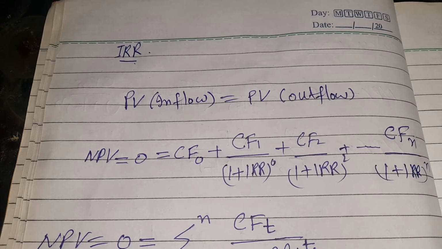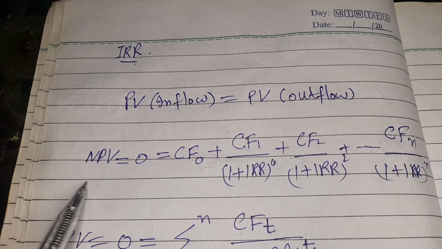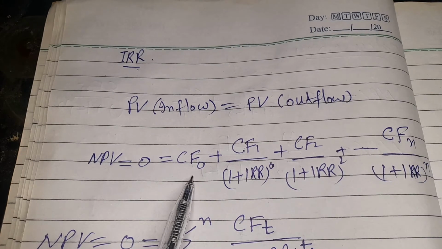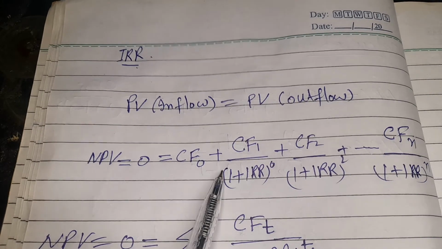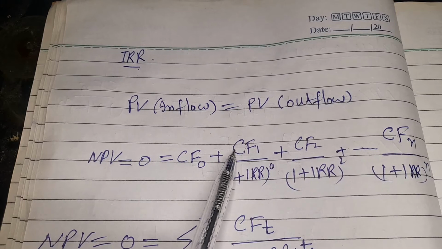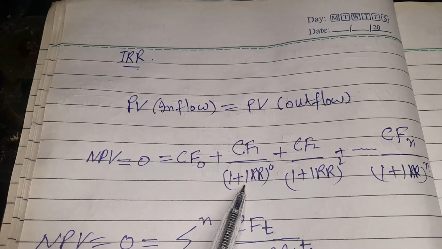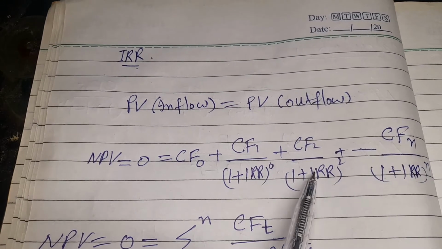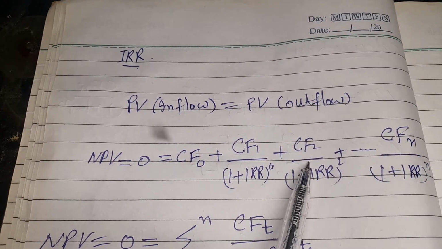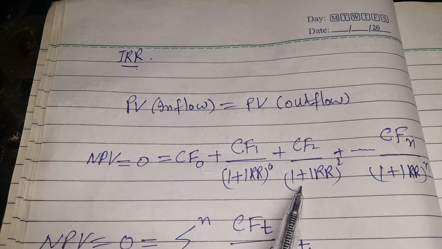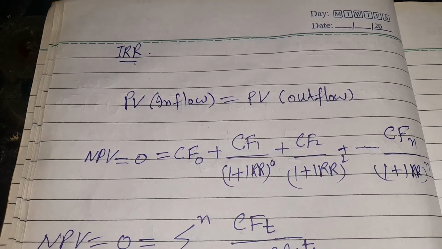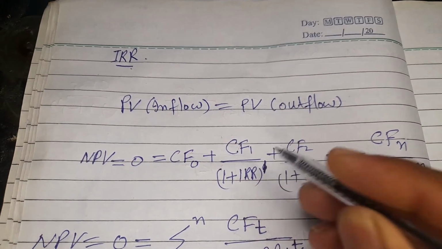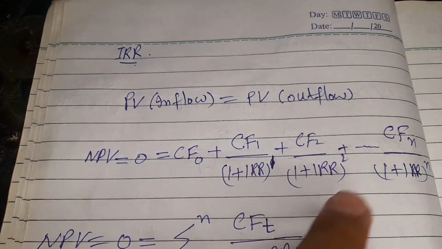To calculate IRR, this is the formula: NPV equals 0, equals initial cash flow plus cash flow of first year divided by 1 plus internal rate of return to the power 1, and cash flow of second year divided by 1 plus internal rate of return to the power 2, and so on.